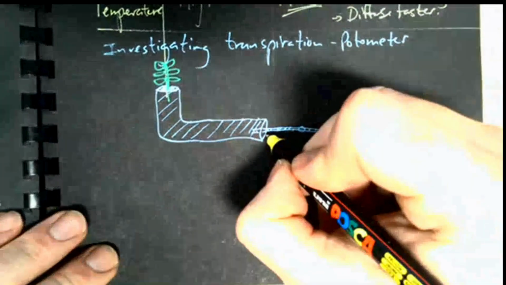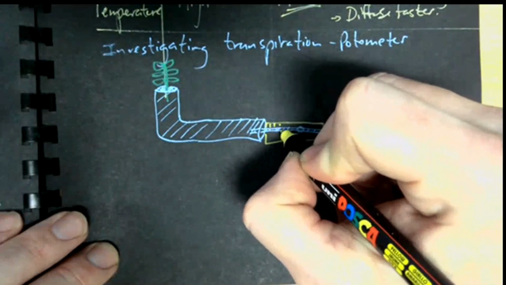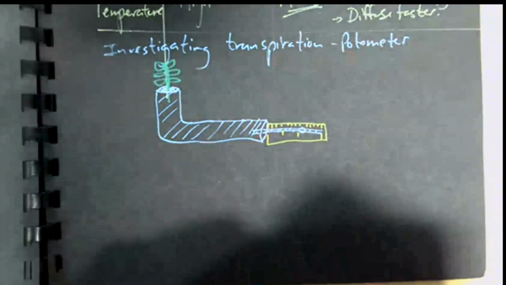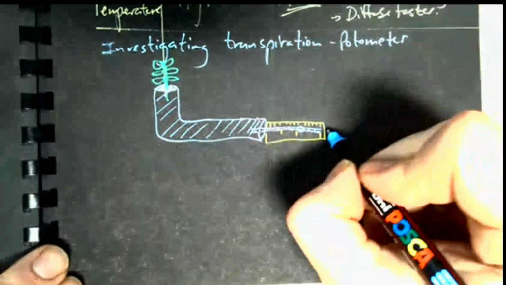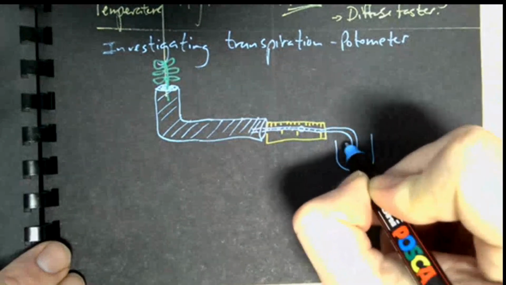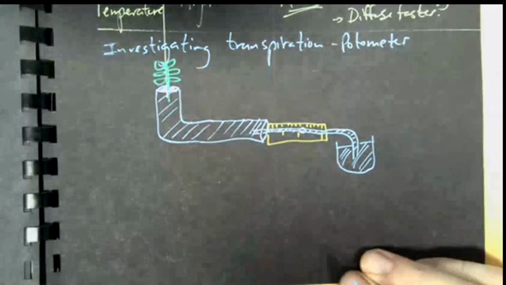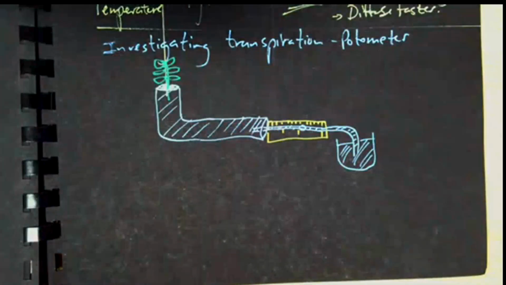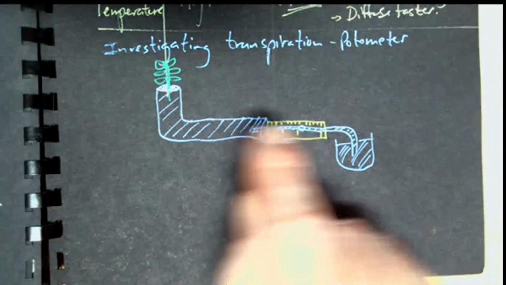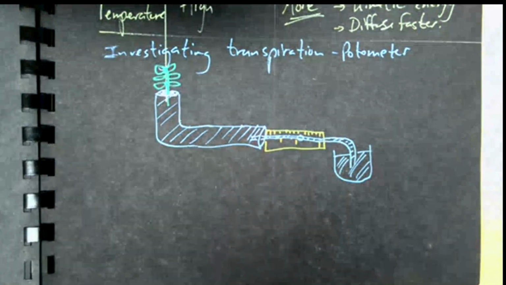And then we have a scale here, and the capillary tube is down into a beaker of water. Okay, as I say, very, very simplistic. There's lots of other stuff going on here, but nevertheless, the idea is I've introduced this bubble, with a solid tube of water all the way down to the beaker here.